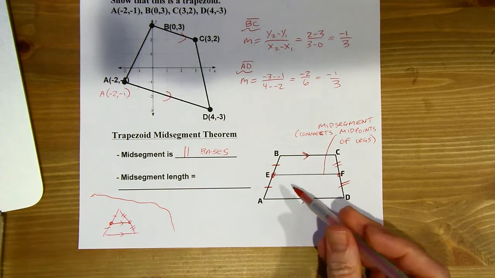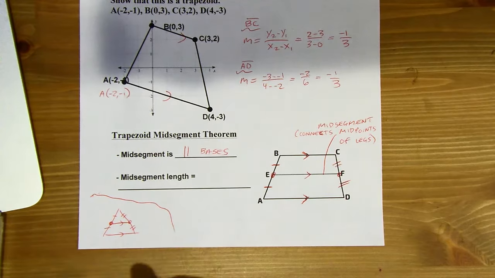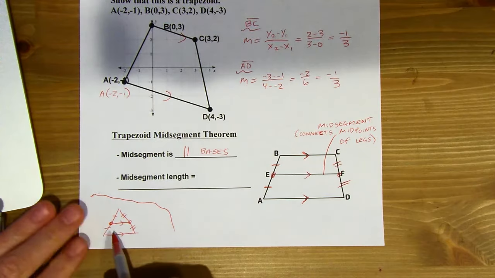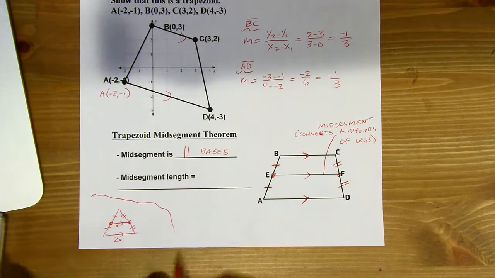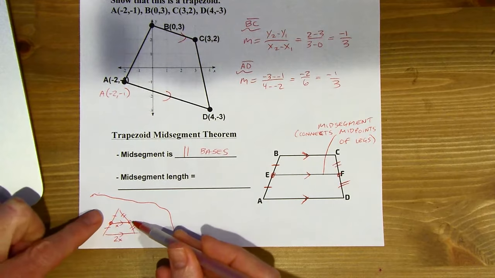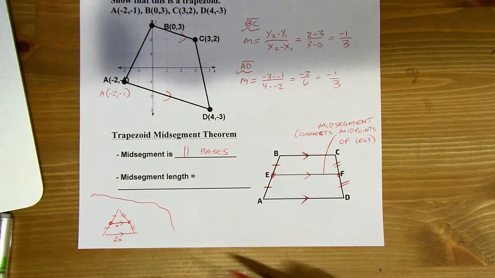The same thing happens here, so this is going to be parallel to the other two sides. That's the first property. And the other property you might remember for a triangle: the midsegment is going to be half the length of the side that it's parallel to.